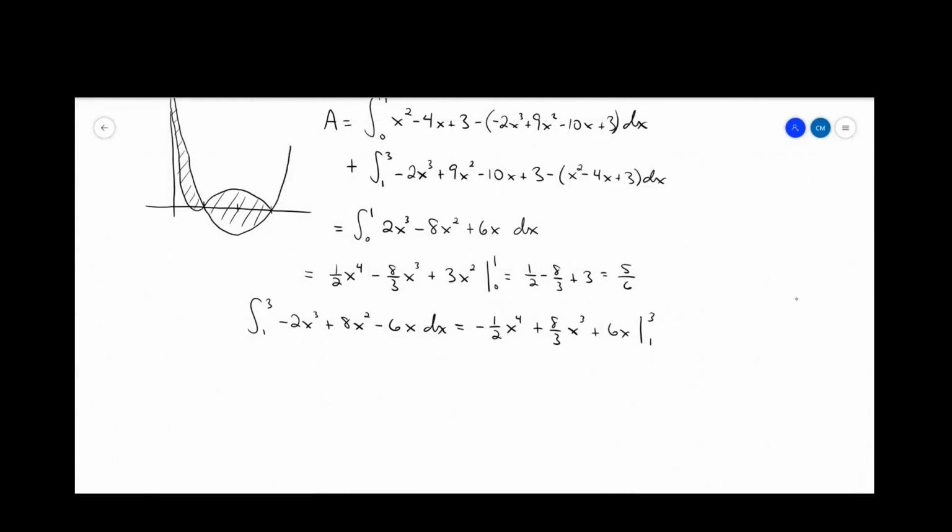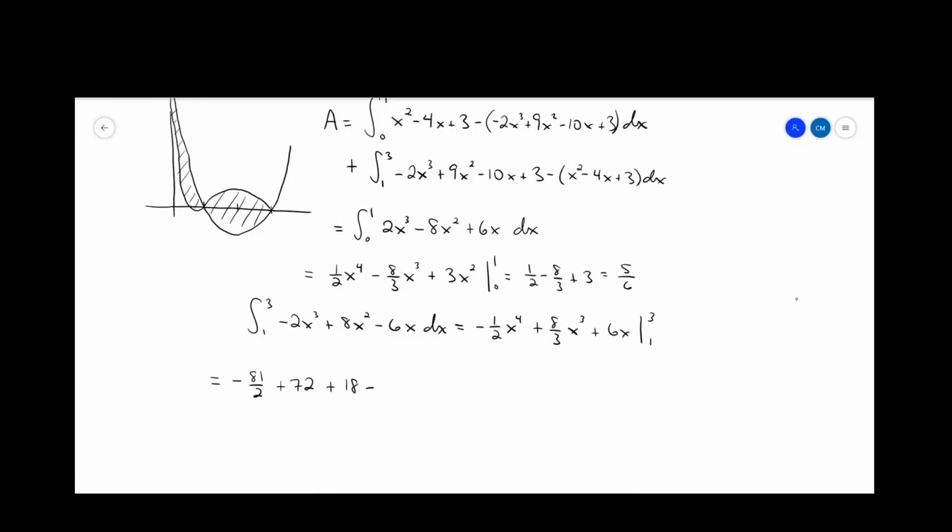So the antiderivative is the same. Now we're just plugging in the number 3, so we're going to get negative... let's see, if I plug in 3 there, 3 to the fourth is 81, right? That's 81 over 2. And if I plug in 3 there, I get 72. I'll plug in 3 there, I get 18.